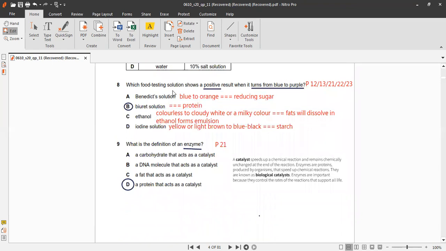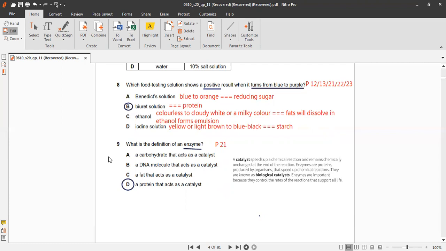Which food testing solution shows a positive result when it turns from blue to purple? A, Benedict's solution? No, it goes from blue to orange to detect reducing sugar.